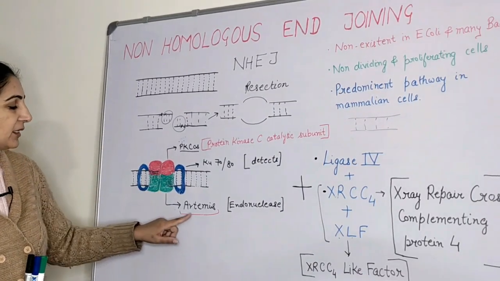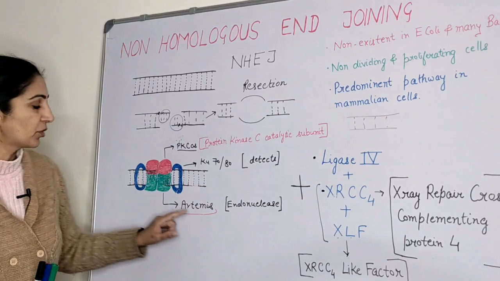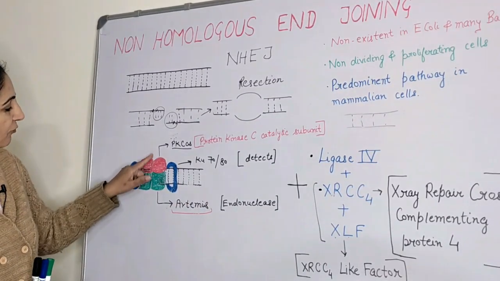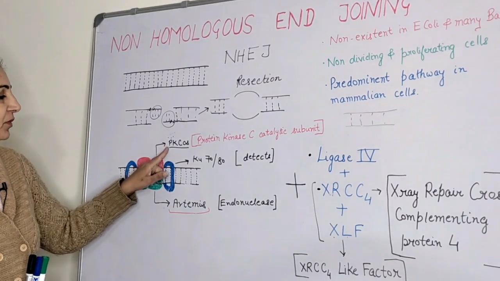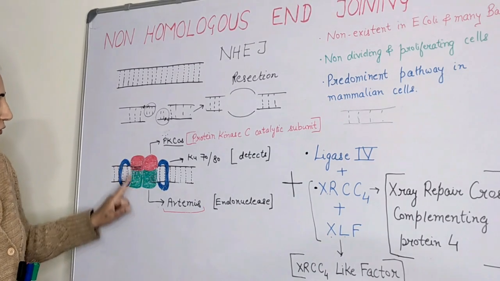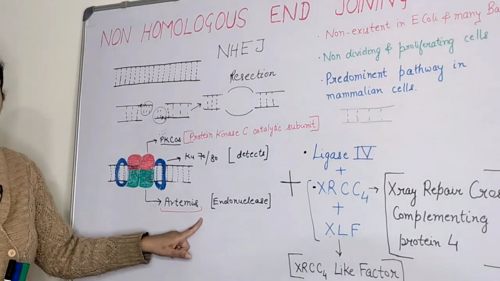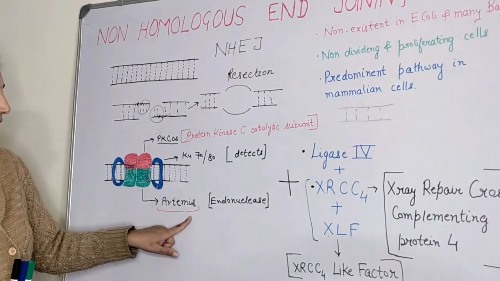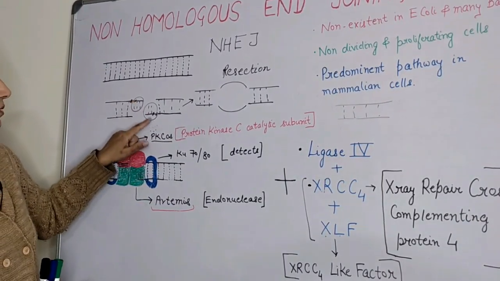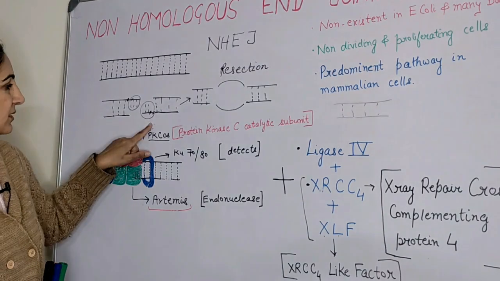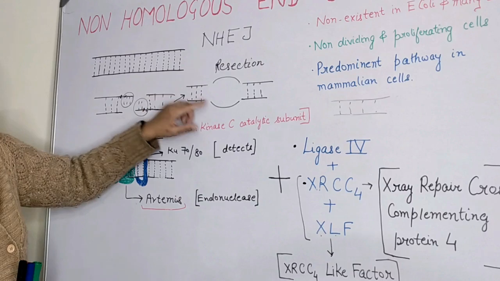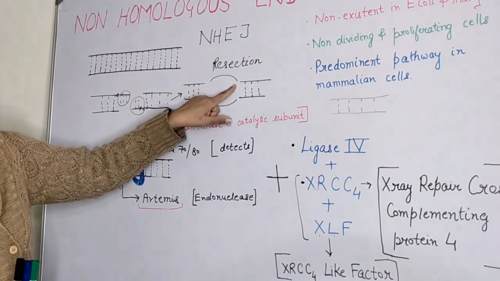One more protein, Artemis, is also recruited and binds to the broken ends. After binding to the DNA molecule, the protein kinase gets activated and phosphorylates the Artemis protein. This Artemis protein is an endonuclease which removes the overhanging ends from both the strands. Now we have the DNA molecule like this, where the overhanging ends have been removed.